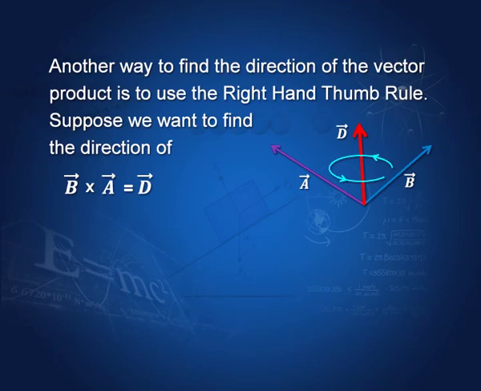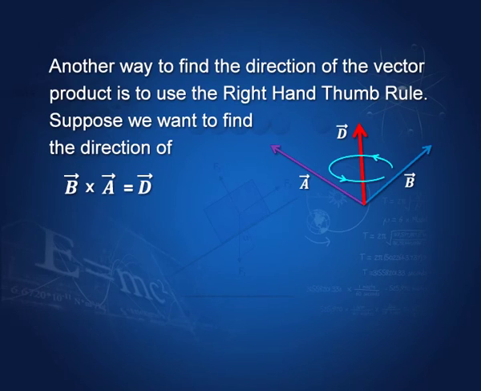Here I show you the rotation. Here we curl our fingers so that they rotate from B to A, and then the thumb gives the direction of the product vector.